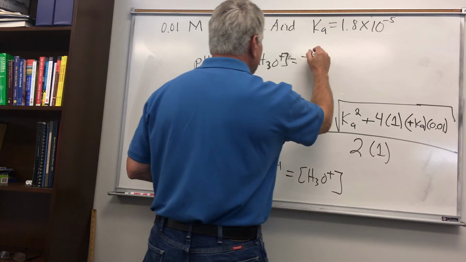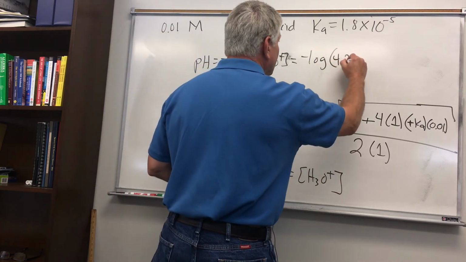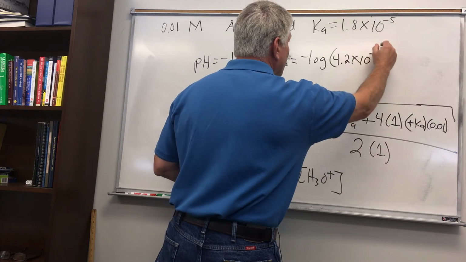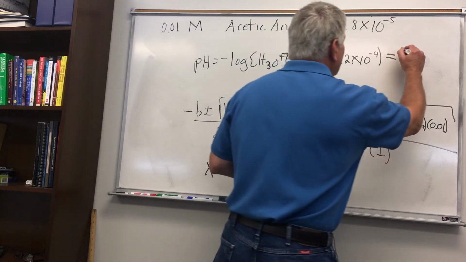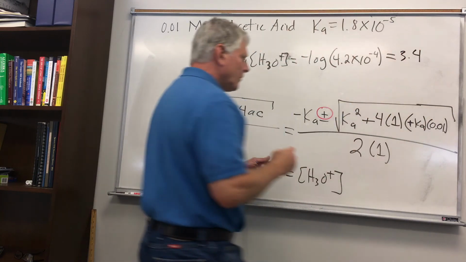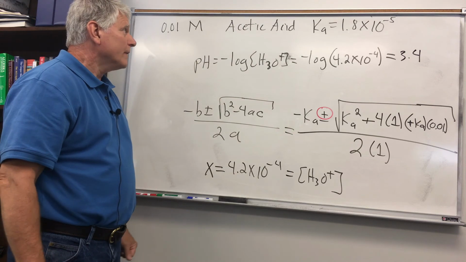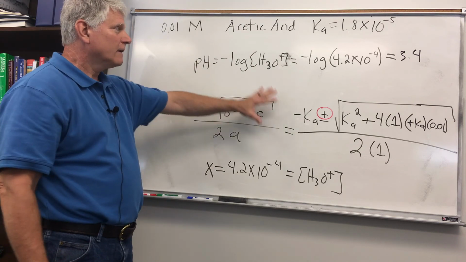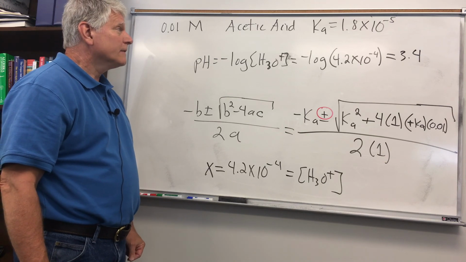So that's negative log of 4.2 times 10 to the minus 4. And so that gives a pH of 3.4. So this is an example of using a weak acid and using the techniques of equilibrium to determine the pH of the solution.